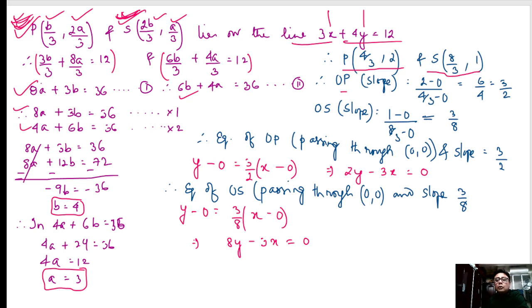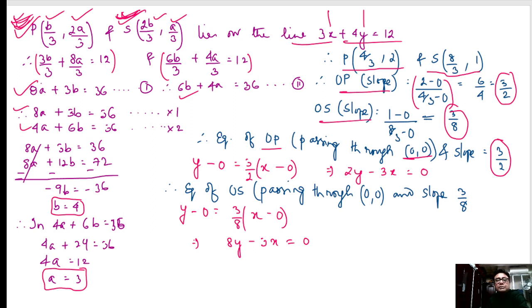Now what is the slope of OP? O is the origin, P is this point, so y2 minus y1 by x2 minus x1 gives the slope of OP. Now OP is a line passing through 0, 0 and having slope 3 by 2.